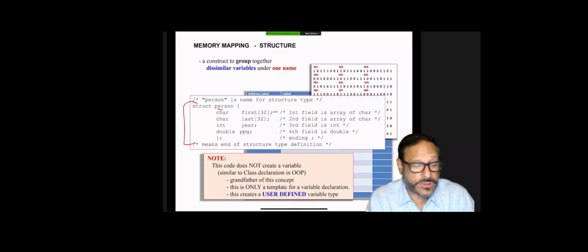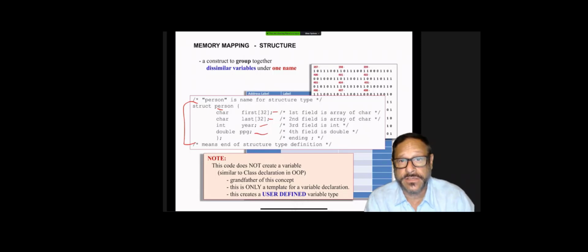There's an array of 32, plus another 32 character array, so that's 64 bytes. I add 4 bytes for the year, because the year is an integer, so 64 plus 4 is 68 bytes. And then I'm going to need 8 more bytes for the double. So this brings it to 76 bytes in total.